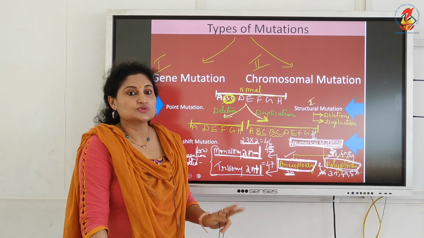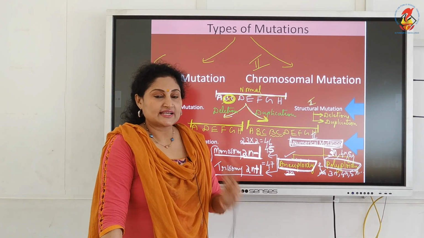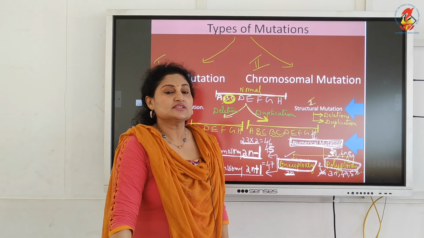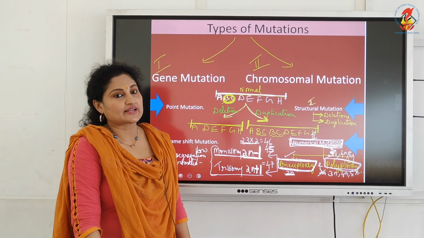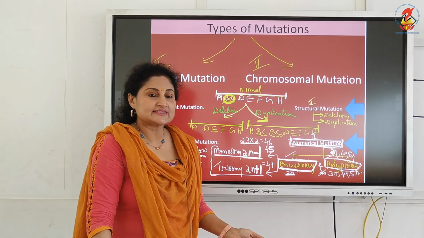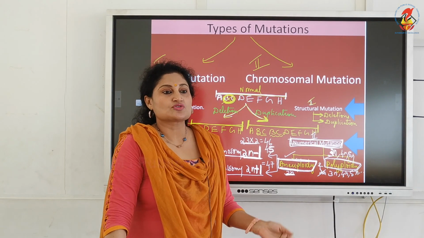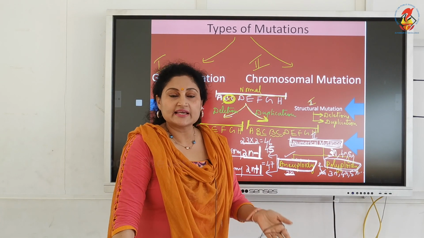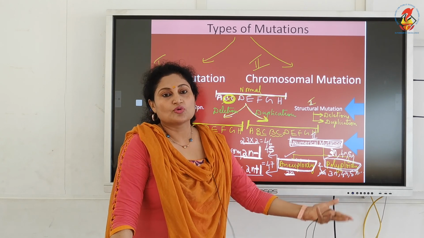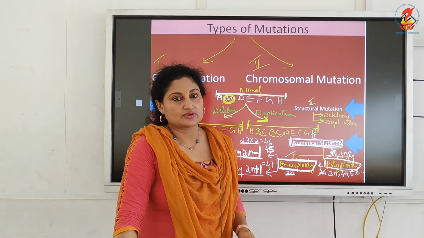And the cause is the failure of cytokinesis immediately after telophase. We know telophase is the last phase of karyokinesis. It should be immediately followed by cytokinesis. But what happens? It's not followed by cytokinesis. In that case, it will result in 3n. Again, if it's not followed by cytokinesis, 4n, 5n, 6n, like that it goes on.